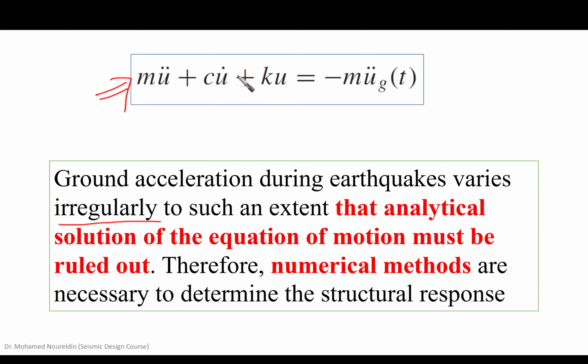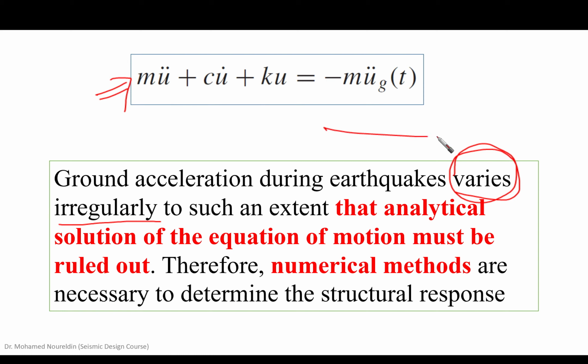In dynamic analysis, we explain how we can solve this differential equation analytically. It's easy for us to solve it. But the problem is the type of the earthquake: it varies with time. So we need to solve this equation at every point of time of the earthquake.